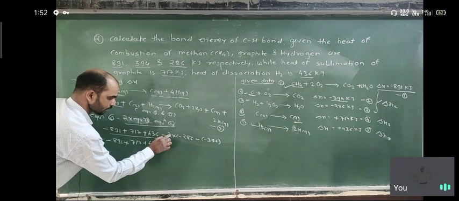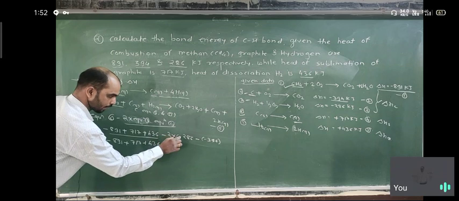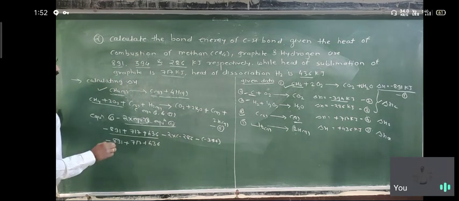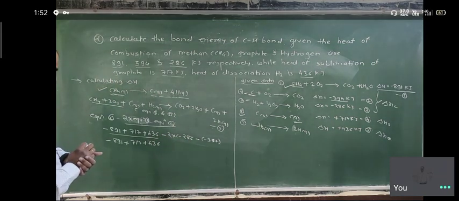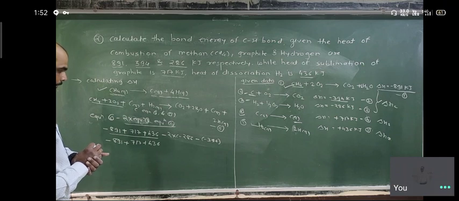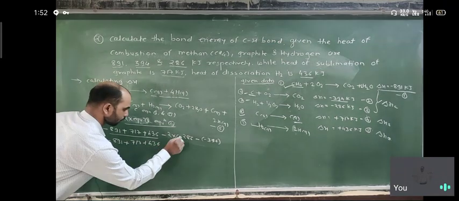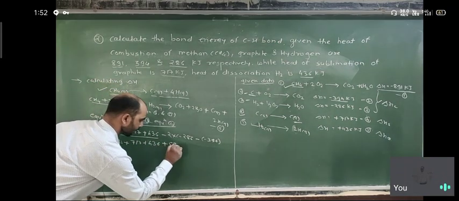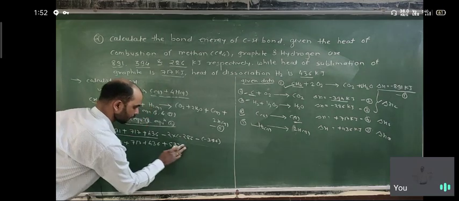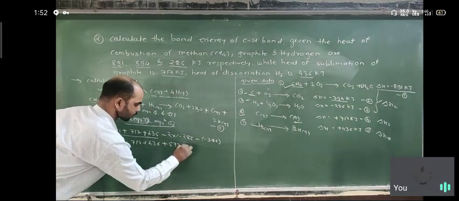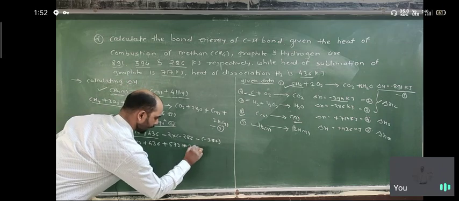Then this is minus 2 into minus 286, that means plus 572. Minus minus gives plus, and plus 394.